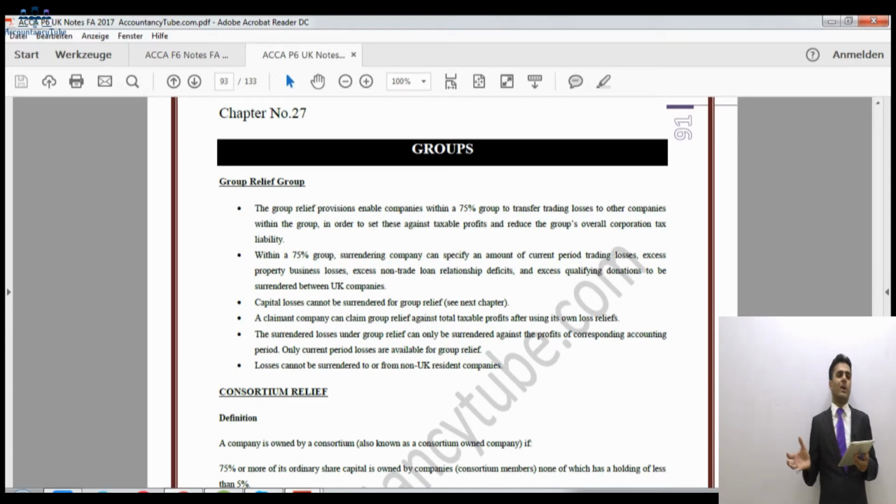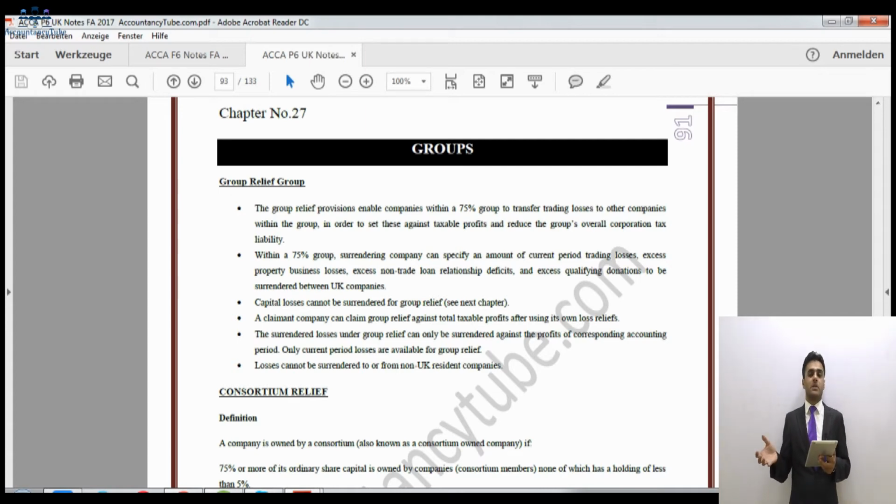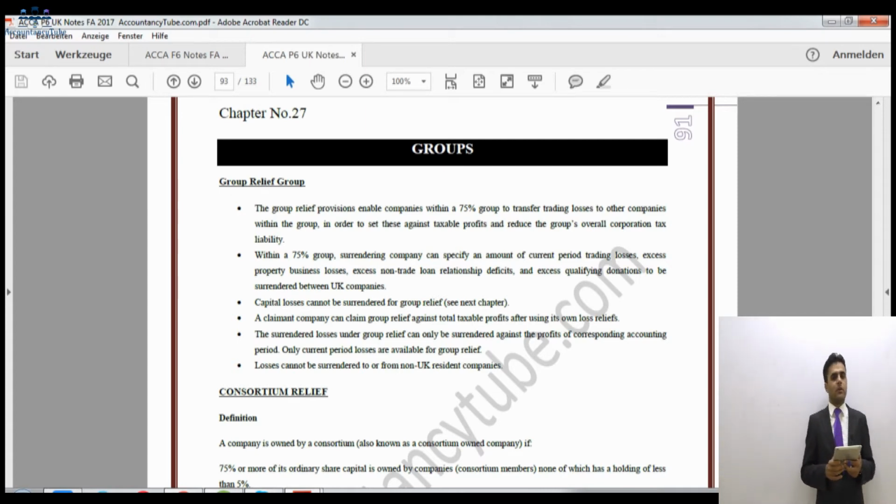So when one is a subsidiary of another company, it will not be a consortium company, it will just be a subsidiary. So a consortium company means when 75% of a company is owned by other companies and every company owns more than 5% but less than the controlling interest. So it will not be a subsidiary. If it is a subsidiary, it will not be a consortium.